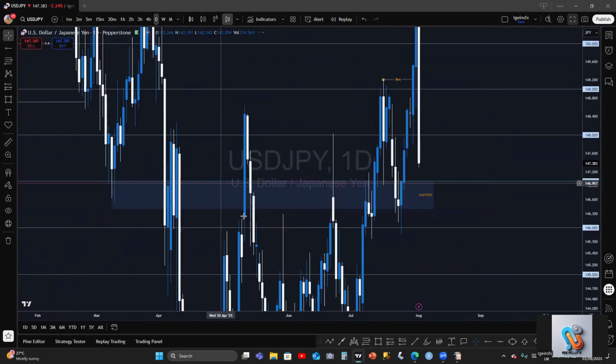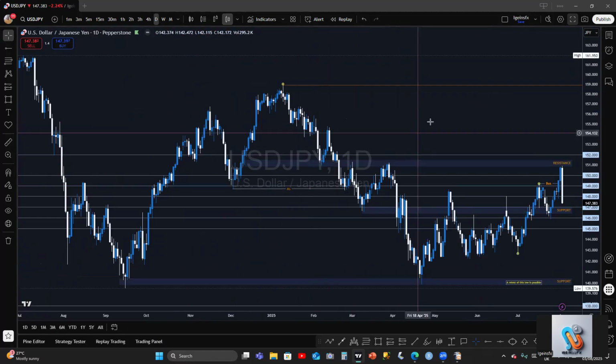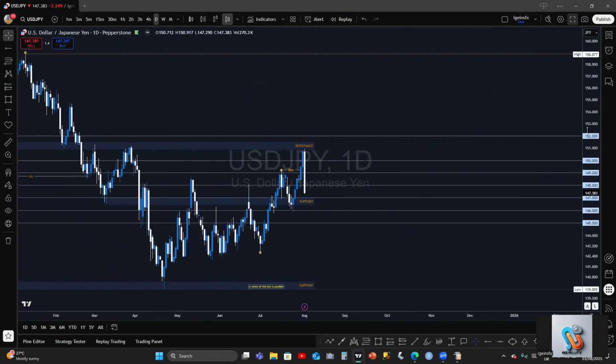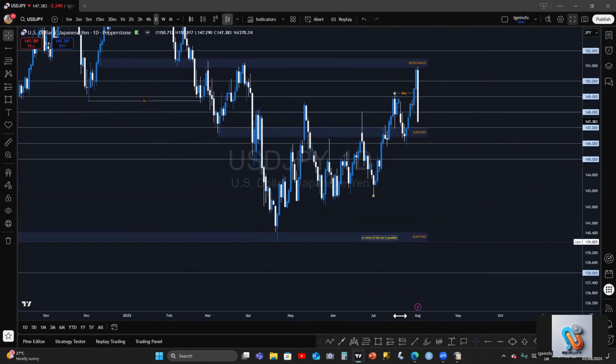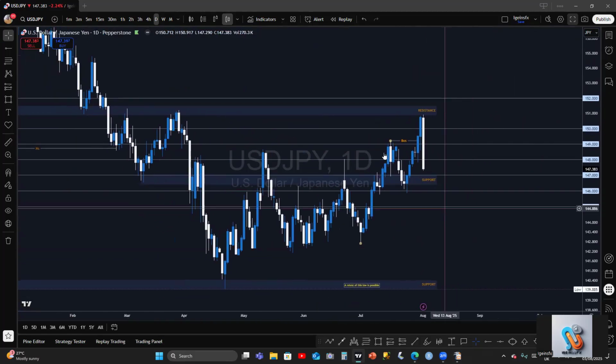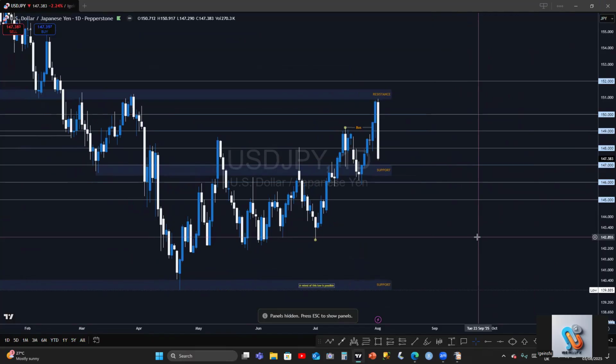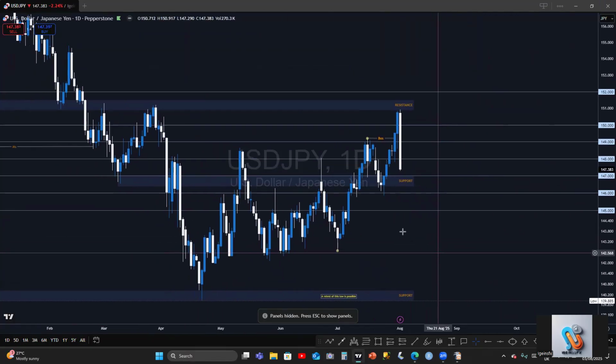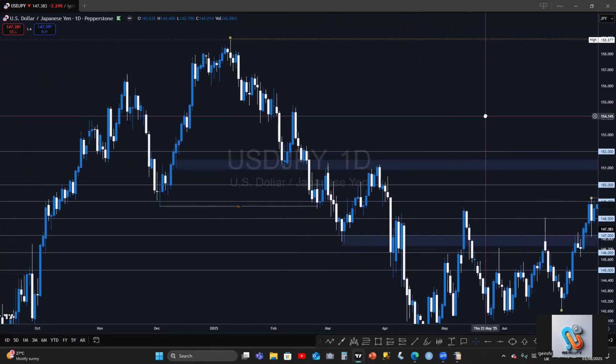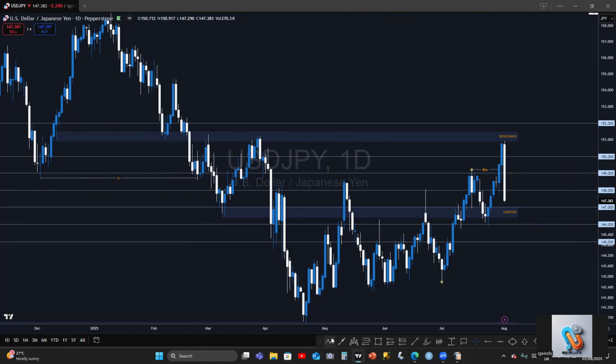So USD JPY, we'll start from the higher time frame, which is the daily. We can see I've already done the markings. What we should take note of is that the market has been bearish.